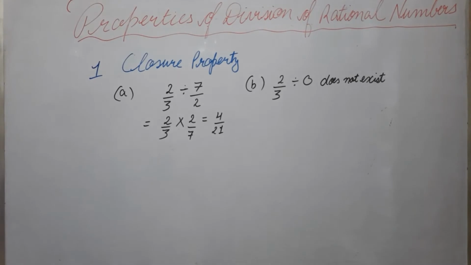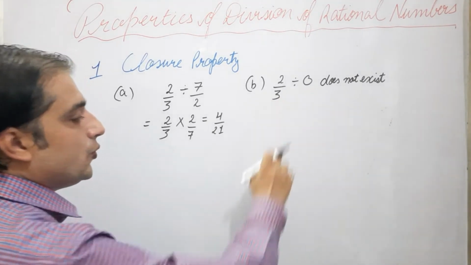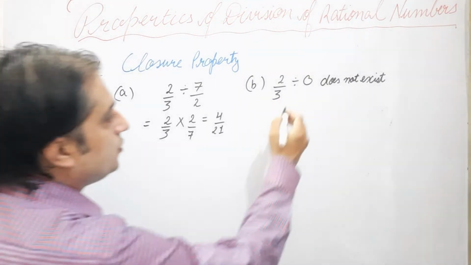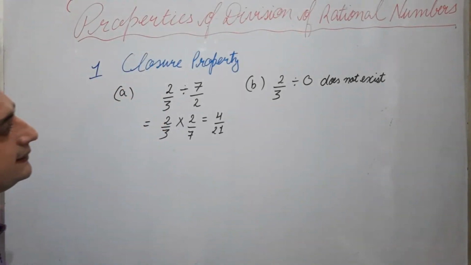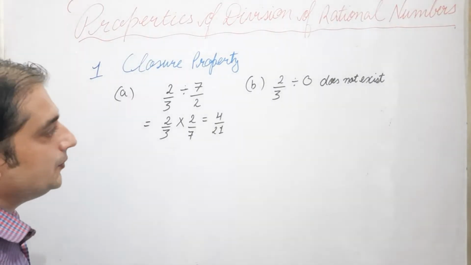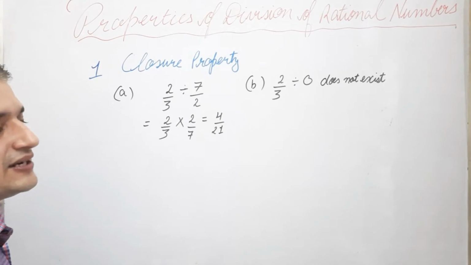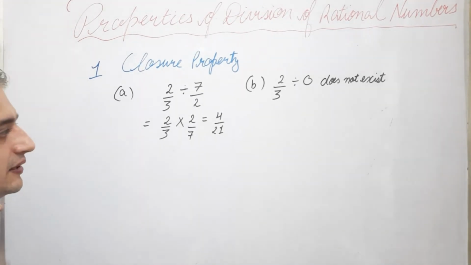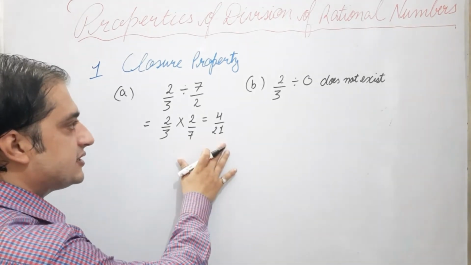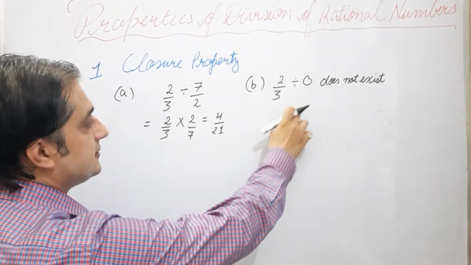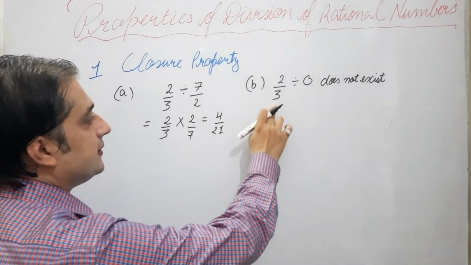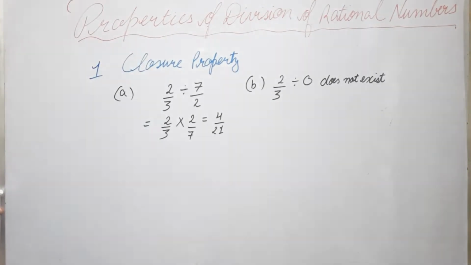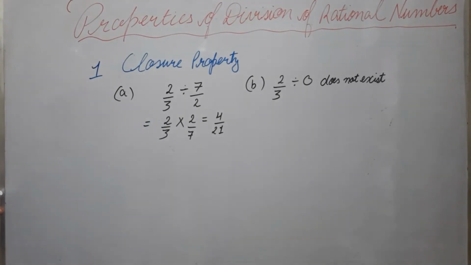Remember, if we exclude the rational number 0, then the remaining rational numbers are closed under division. So the division of all the other rational numbers will be a rational number. But in this case, the division does not exist.